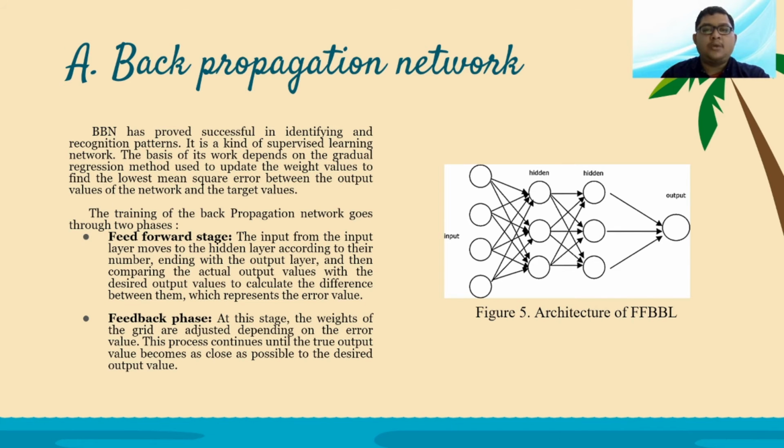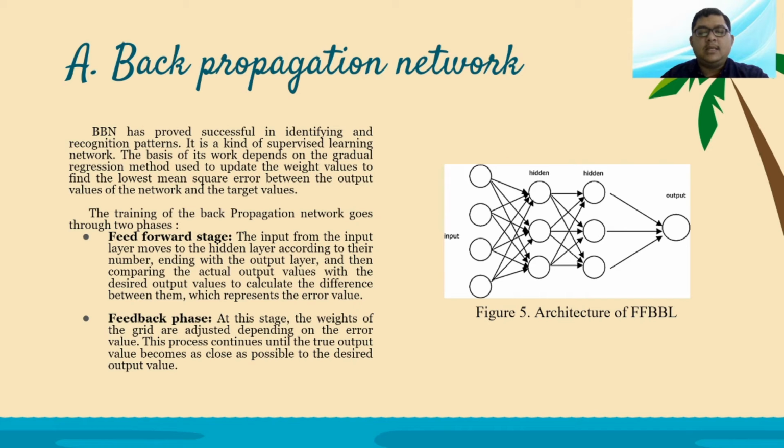A. Backpropagation network. BPN has proved successful in identifying and recognizing patterns. It is a kind of supervised learning network. The basis of its work depends on the gradient descent method used to update the weight values to find the lowest mean square error between the output values of the network and the target values. The training of the backpropagation network goes through two phases.